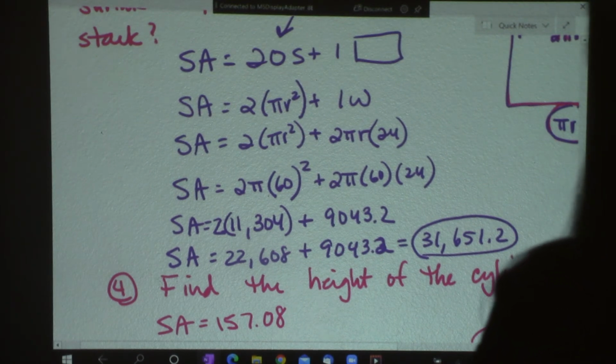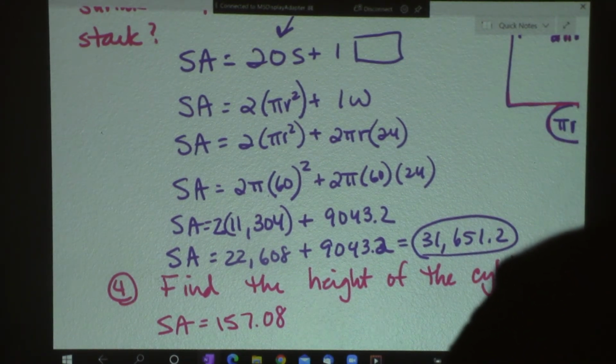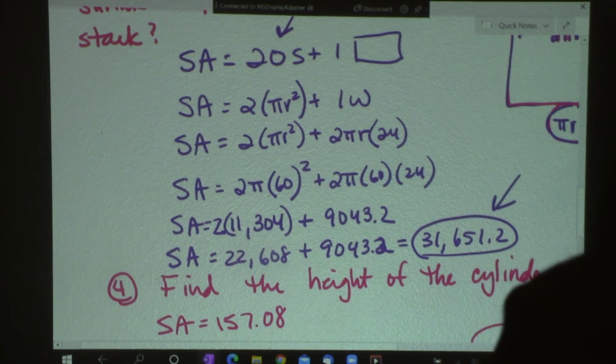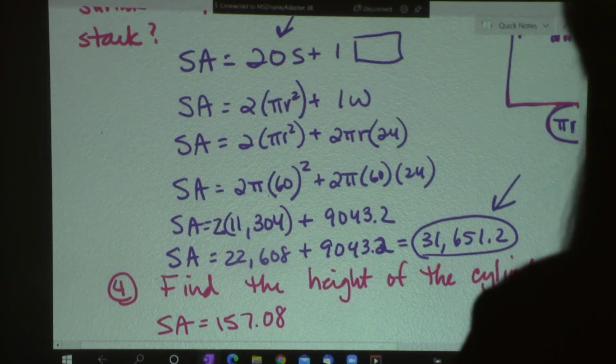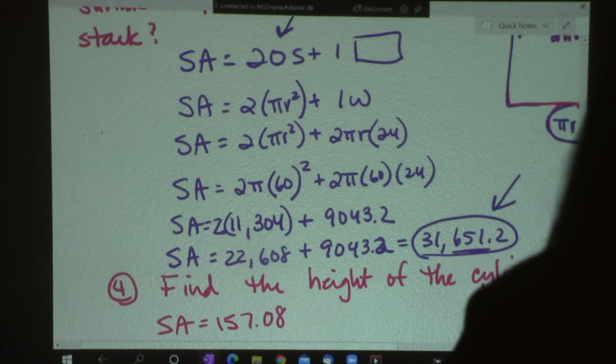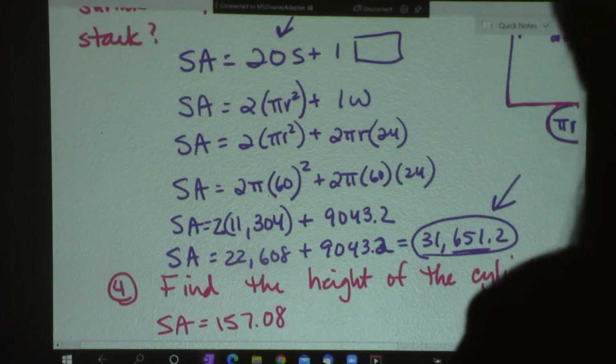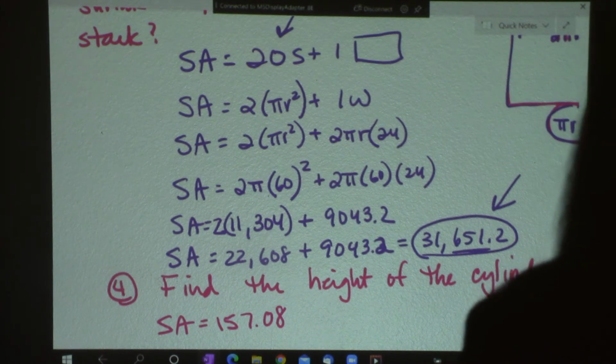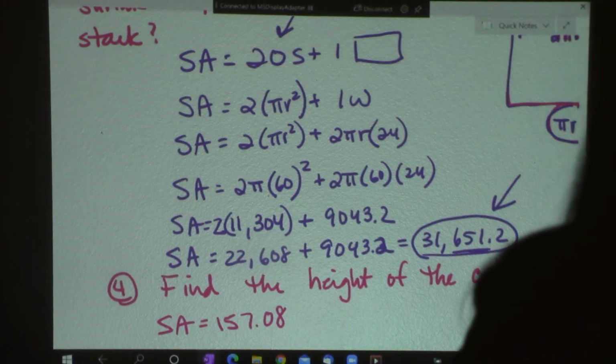Now, you may round differently a little bit, and so you might end up with an answer that, instead of 651 here, is 652 or 653, depending on how you round your numbers. The directions should tell you how exactly to round your numbers.